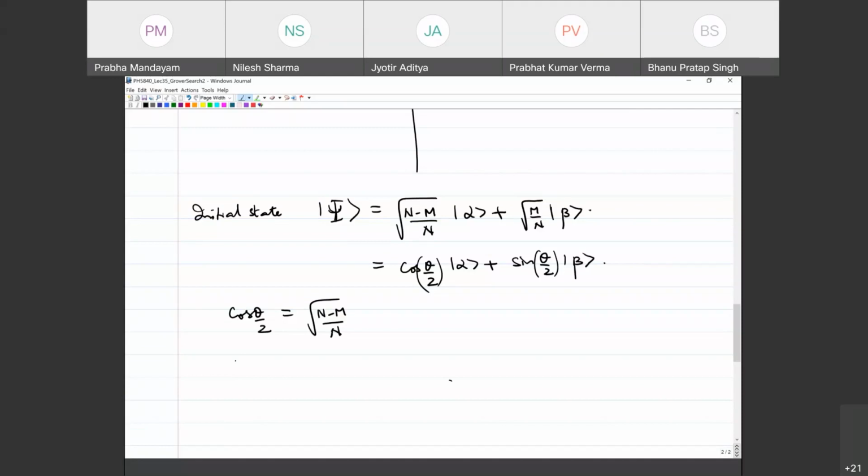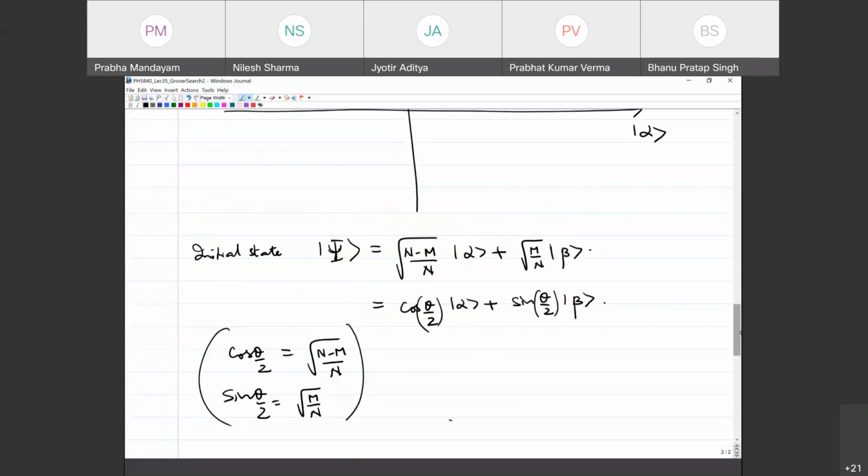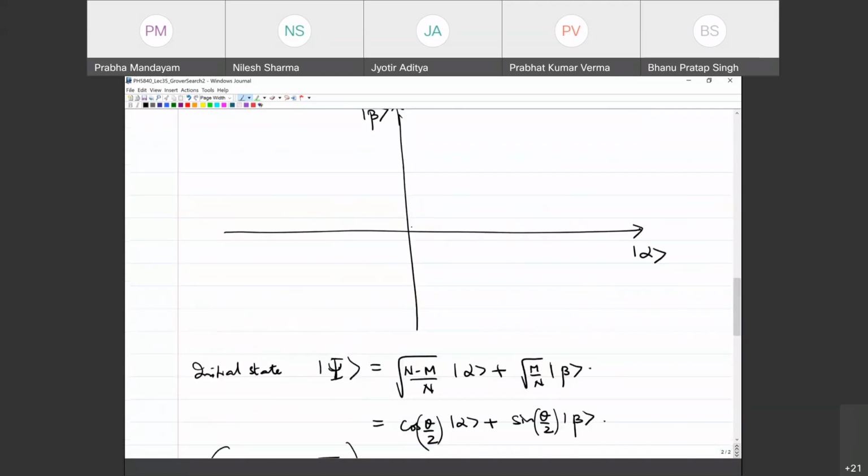So you'll just remember these facts. So this is m by n. Okay. So this psi is now here. The initial state is basically some state like this. It's a vector in this plane, right? And this angle is basically theta by 2, right?